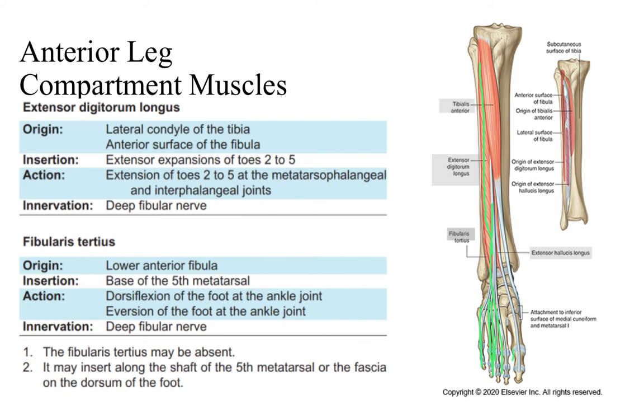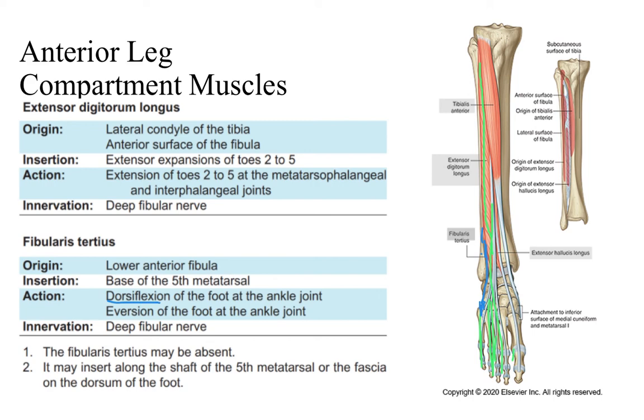And finally, the Fibularis Tertius, which is right here. Notice it's attached to the anterior fibula and only goes to the base of the 5th metatarsal. All right, so it's only going to go down as far as this. And so it will be involved in, since it's more lateral based, dorsiflexion of the foot at the ankle joint.